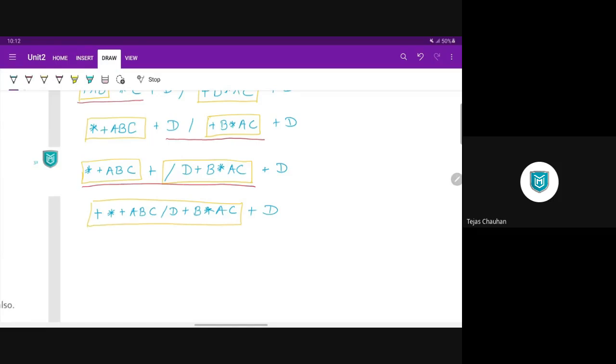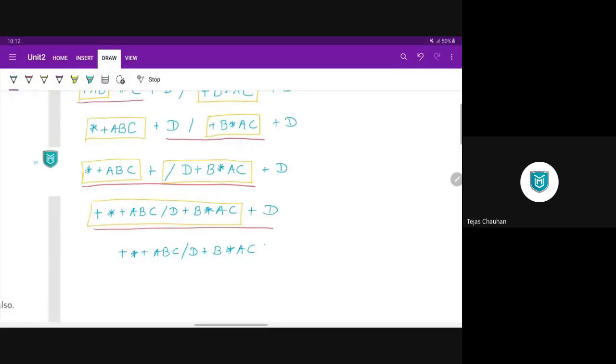Now we have only one operator, so let us solve that part. Bring your first operand, which is this entire block, which is plus star plus ABC divide D plus B star AC, right?